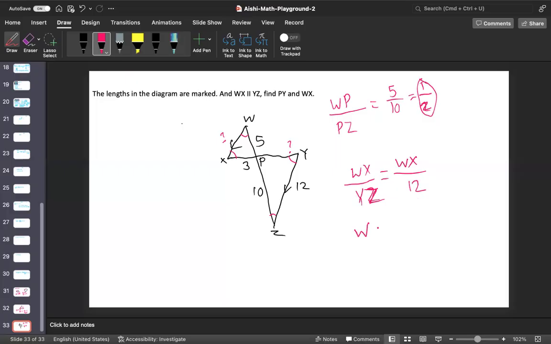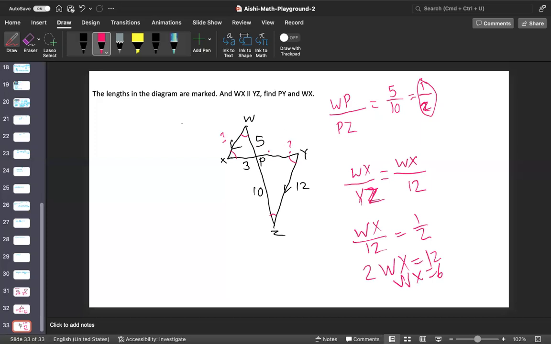So we know that WX divided by 12 is equal to 1 by 2. So now let's cross multiply again. So we know that 2WX is equal to 12. So then WX is equal to 6.